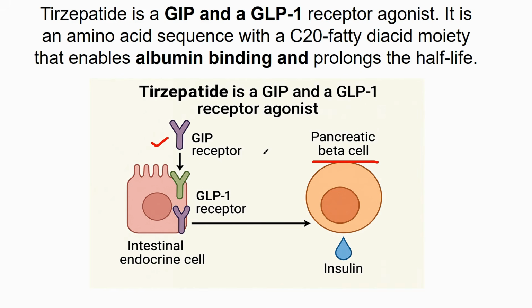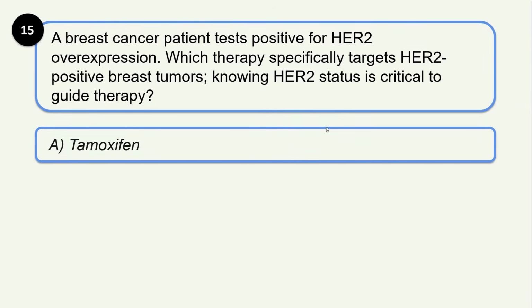So this is a unique mechanism compared to other classes of drugs such as liraglutide, semaglutide. They only act on the GLP-1 receptor, whereas this one has been found to affect both of them, GIP and GLP-1. Therefore, this medication is currently used for treatment of type 2 diabetes, and it also has a weight loss effect. Therefore, it is also used for weight loss as an off-label use.